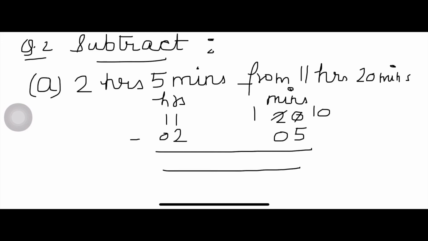We will do like simple subtraction. 10 minus 5 is 5, 1 minus 0 is 1. And now 11 minus 2 is 9. So answer is 9 hours 15 minutes. This is the answer.